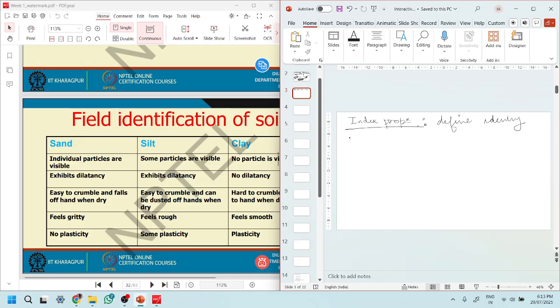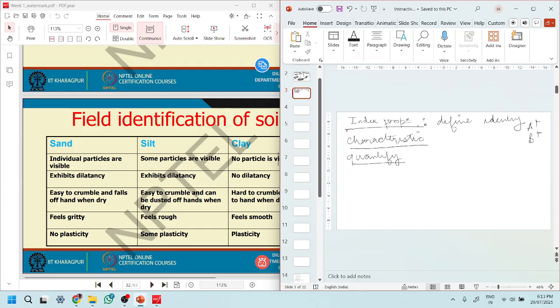It's like a characteristic. For example, you go to your blood bank and they tell you that you have an A positive or a B positive blood type. So these are some properties by which we quantify.